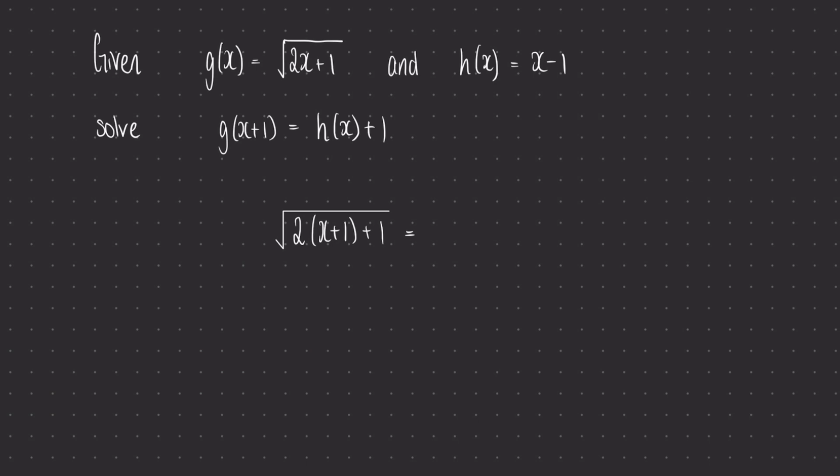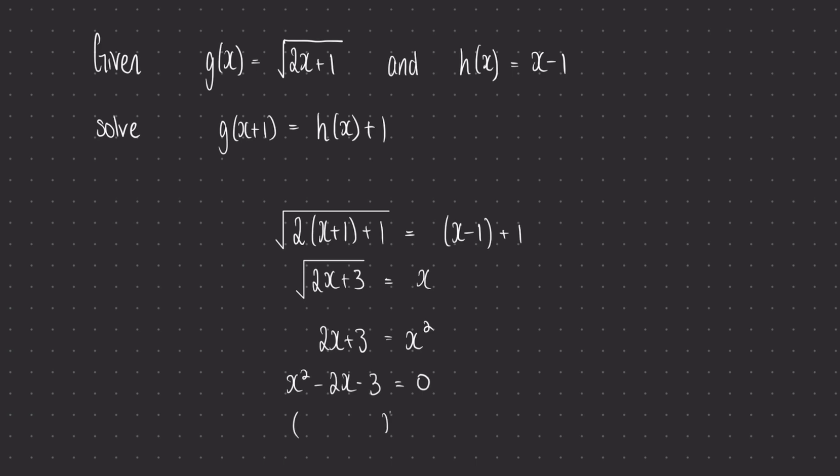On the right-hand side, h of x hasn't changed, so we replace h of x with the right-hand side of h of x. Finally, we're adding 1 to this expression. Simplifying both sides, we get this expression. Now we can square both sides, set up a quadratic, and solve for x. We find that this gives us the solutions x equals 3 or x equals minus 1.